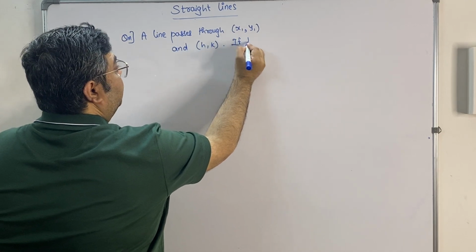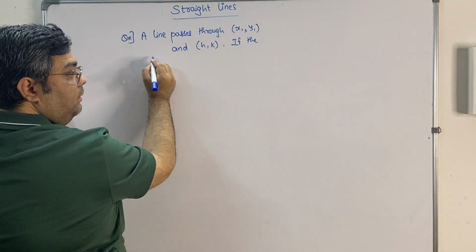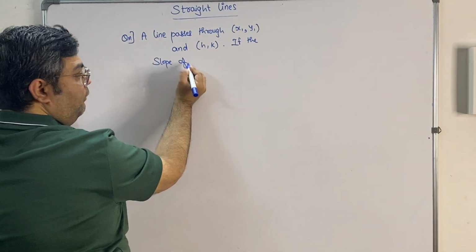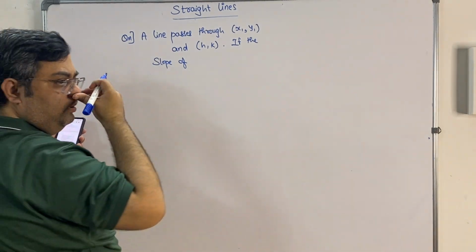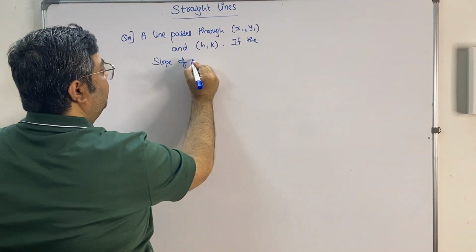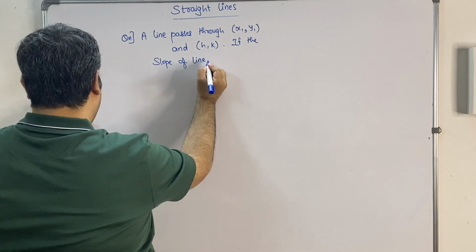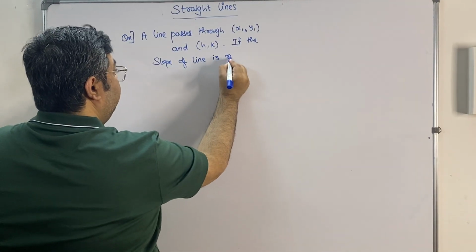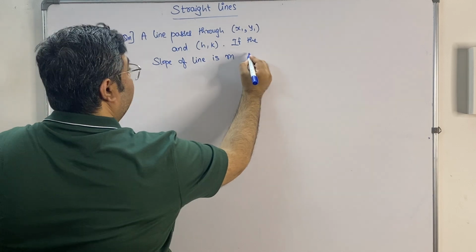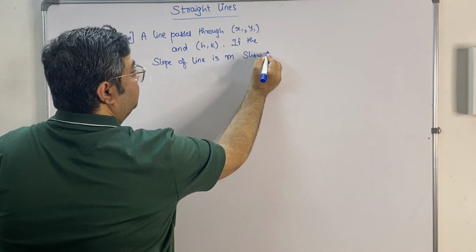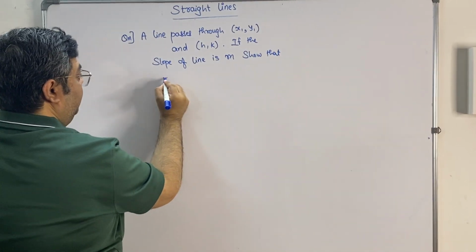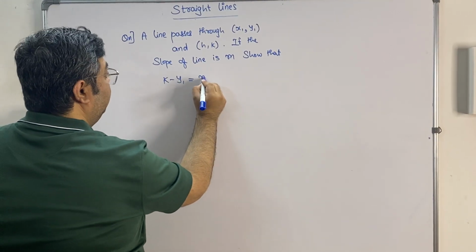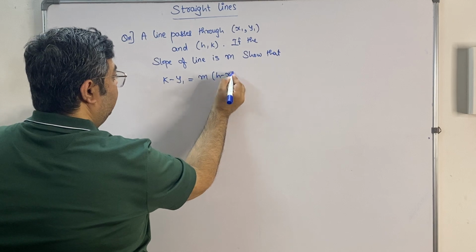If the slope of the line is m, show that k minus y1 is equal to m times h minus x1.